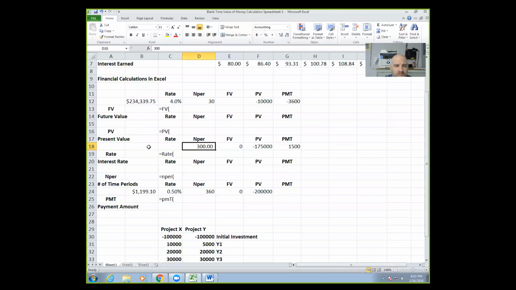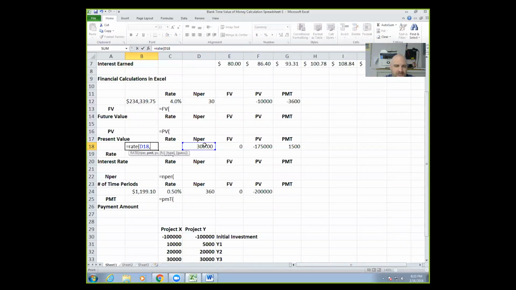So, but let's do that right here. So again, equal rate bracket. So now it's asking me for nper first. And these functions will ask you for these things in different orders, so you actually can't just copy one and then change FV to PV or FV to rate.